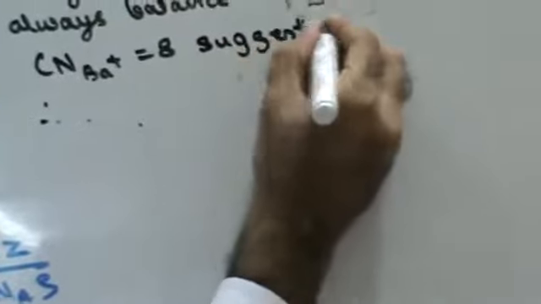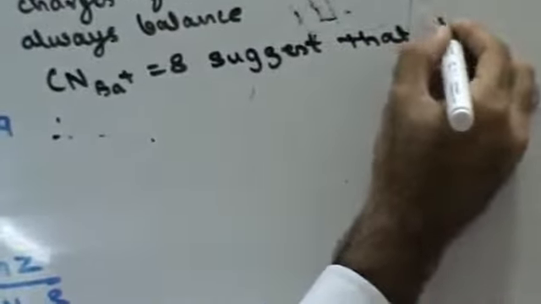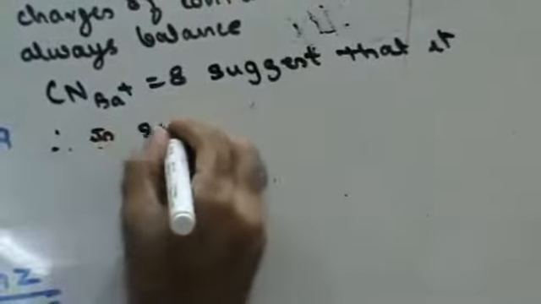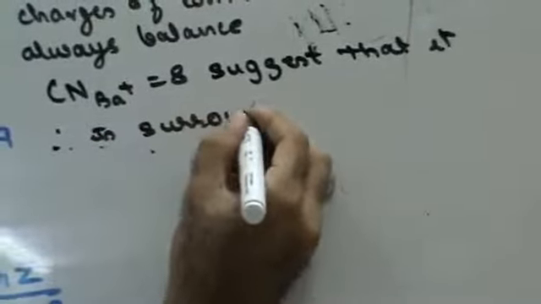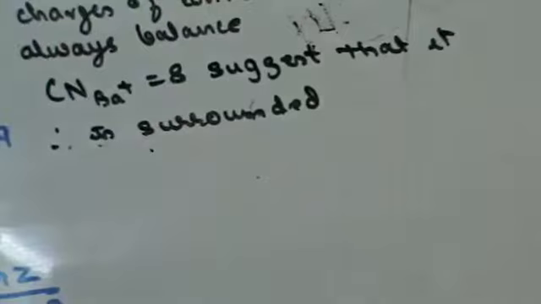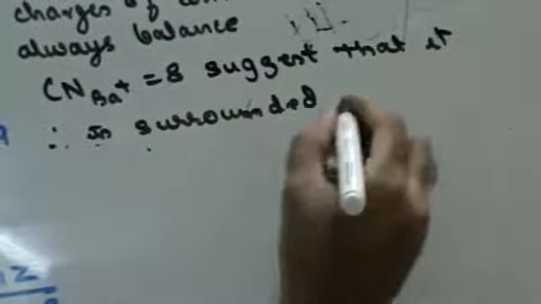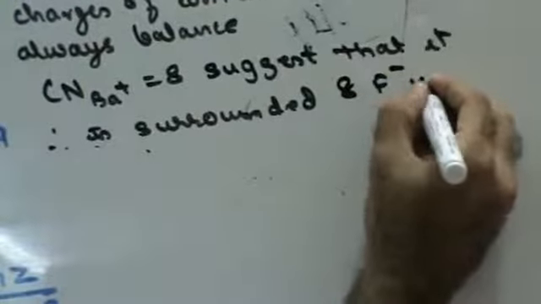That coordination number of barium is 8 suggests that it is surrounded by 8 fluoride ions, right? Now, barium has a positive charge of +2. It is surrounded by 8 negatively charged fluoride ions, right?